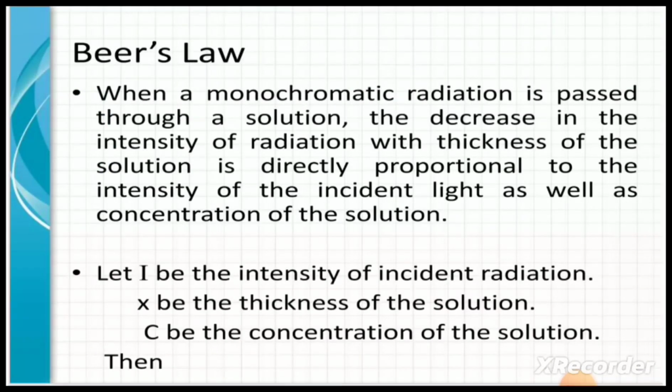Now I talk about Beer's law. When a monochromatic radiation is passed through a solution, the decrease in the intensity of radiation with thickness of the solution is directly proportional to the intensity of the incident light as well as the concentration of the solution. Here I is the intensity of incident radiation, x is the thickness of the solution, and c is the concentration of the solution.